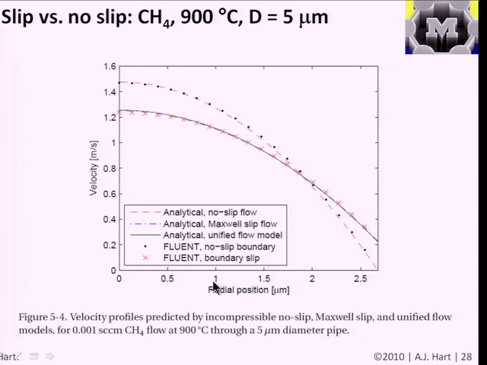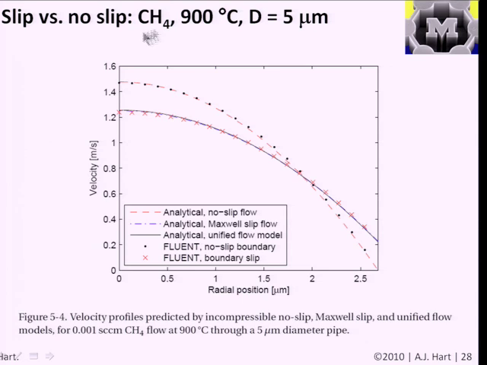So these are some calculations I did a while ago for flow of methane at high temperature through a microchannel. This is a 5 micron diameter pipe at pretty high temperature, and the gas is methane, so it's a bit different than air, but if I remember right, the mean free path in this case is about 250 nanometers.